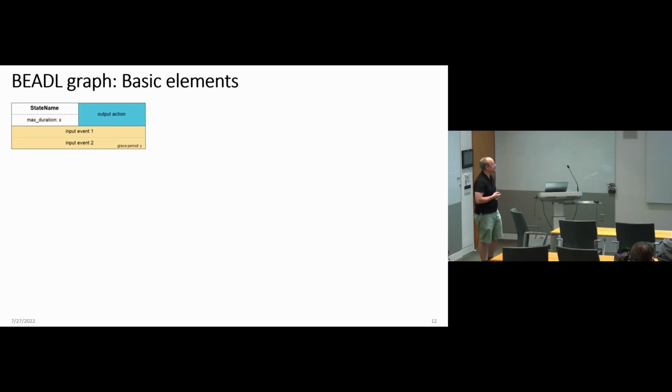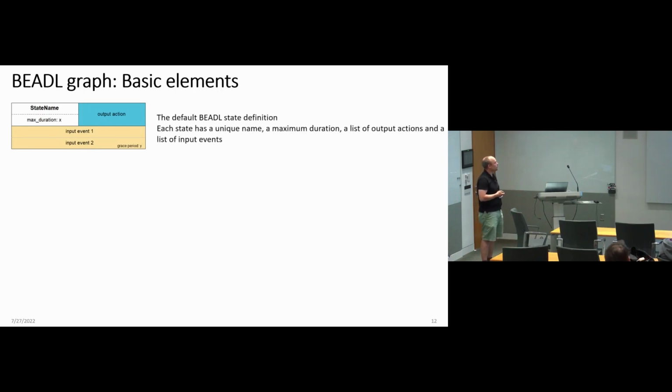So we have the standard definition of the state in BEADL that has a name, and we can specify a duration. So we can specify how long the state could last, until the system itself makes a transition to the next state. For example, we want to present the stimulus only for a given amount of time, and when this expires, we're going into the next state, waiting for the animal's behavioral feedback.